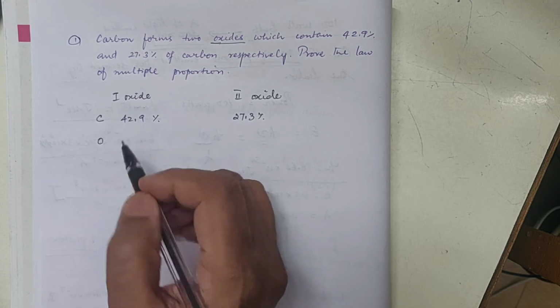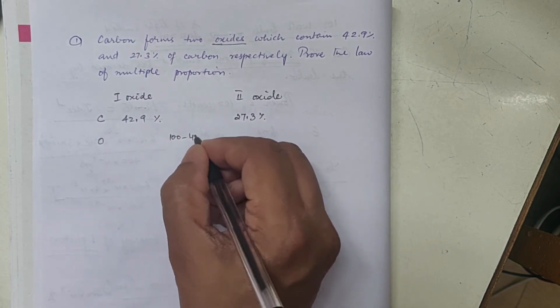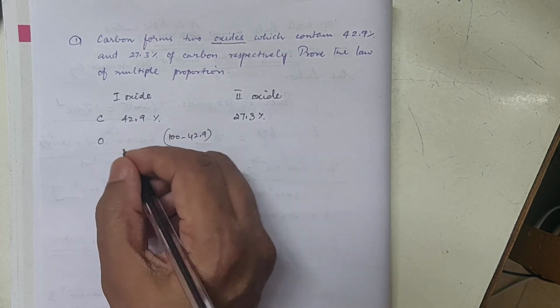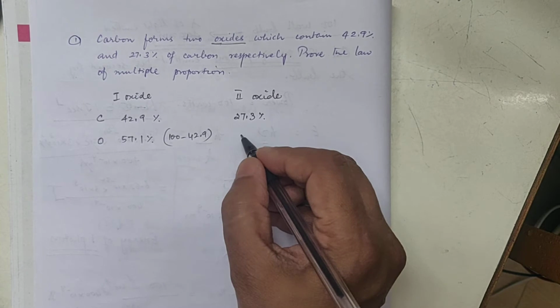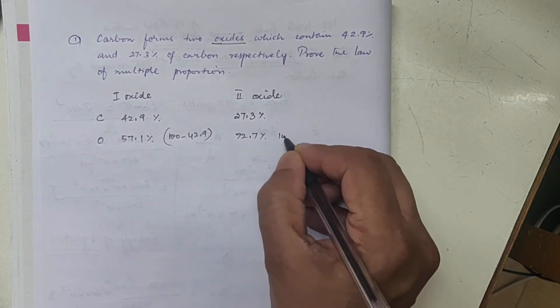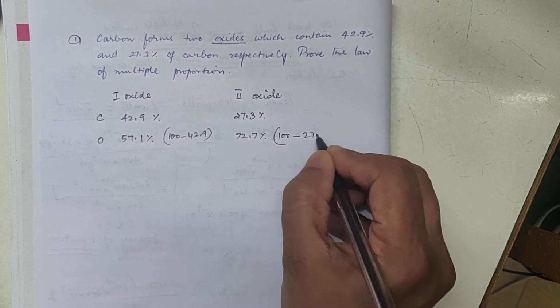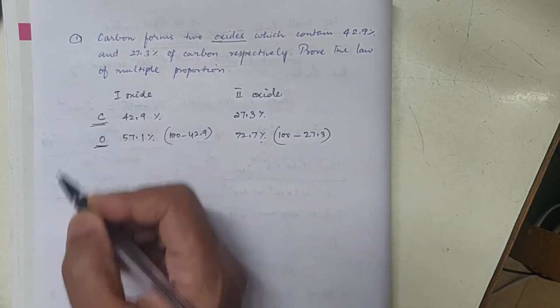If carbon is occupying 42.9, oxygen will be occupying 100 minus 42.9, that will be 57.1%. Same way in the second case, this would be 72.7, that is 100 minus 27.3. So that will be the percentage of oxygen and that of carbon.